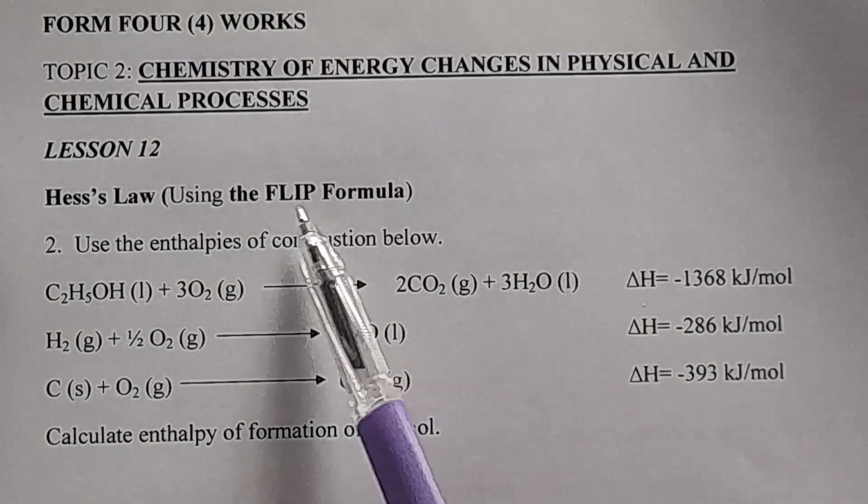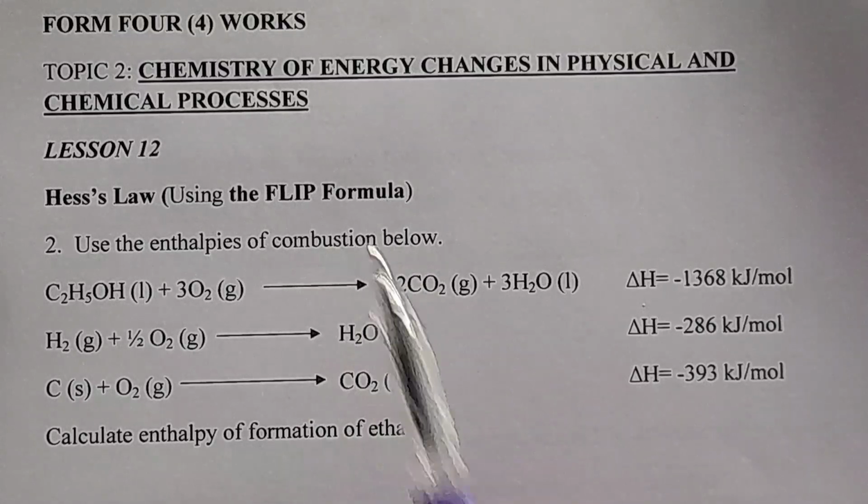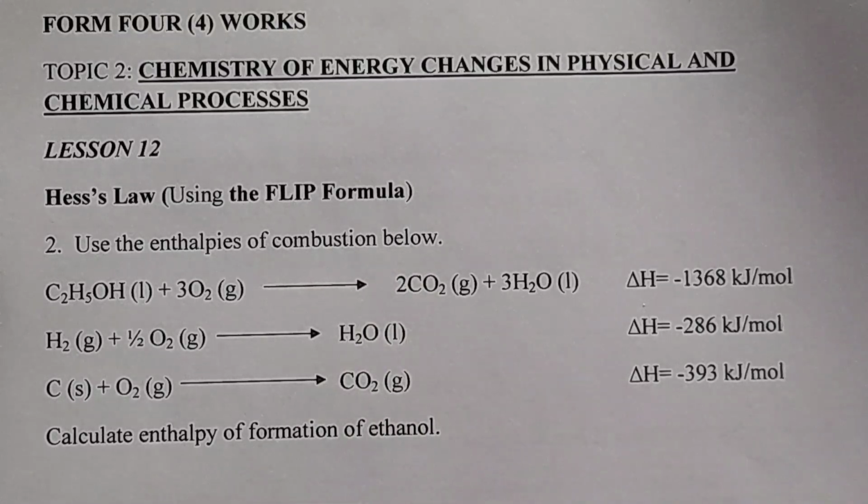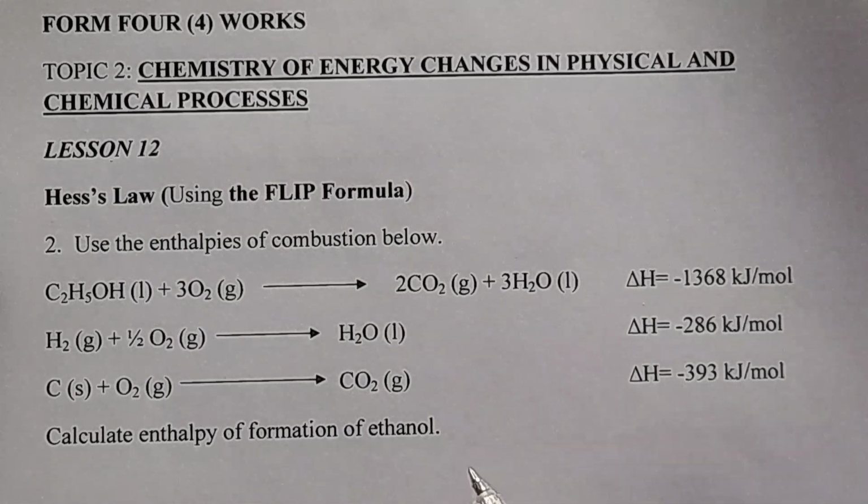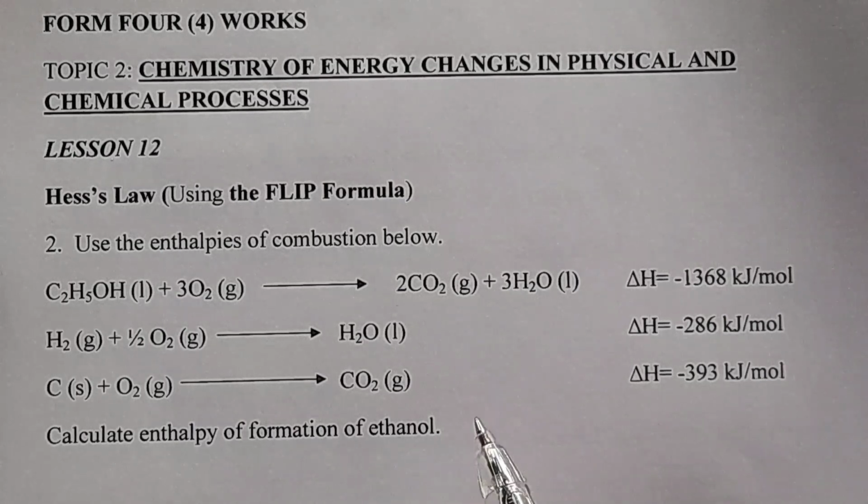So using the flip formula, you are supposed to know your demand question. The demand question here is formation of ethanol. What is enthalpy of formation? Enthalpy of formation is the enthalpy change that occurs when 1 mole of a substance is formed from its constituent elements in their standard form.